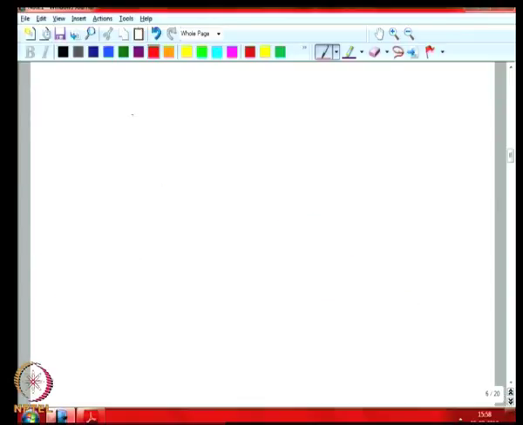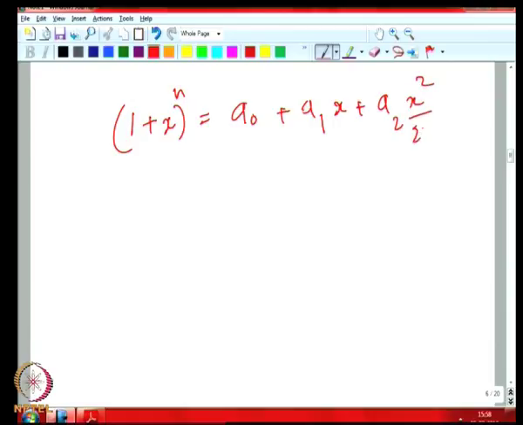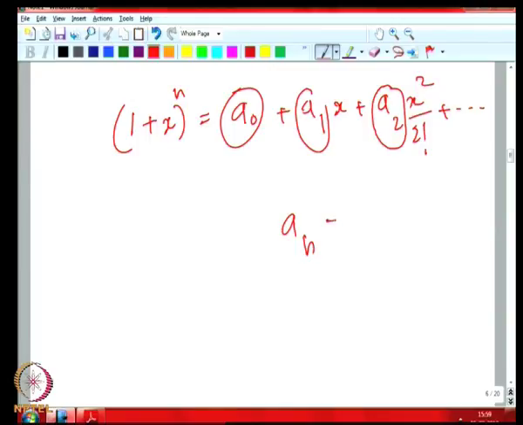So, in other words, if I want to write 1 plus x raised to n as some a0 plus a1 x plus a2 x square by 2 factorial and so on, then what should be this ai or an, say? You can easily see that it is n p r, right, n p r.